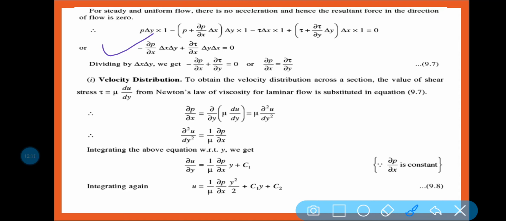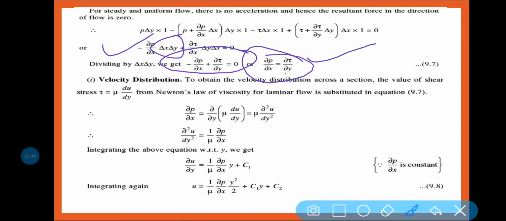Dividing by delta x and delta y, we get minus del p by del x plus del tau by del y is equal to 0, or in other words, del p by del x is equal to del tau by del y. Very important relation. This relation will be required when you find the velocity at a particular point.